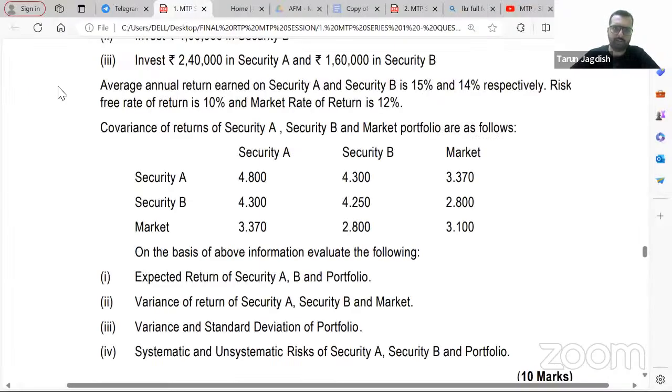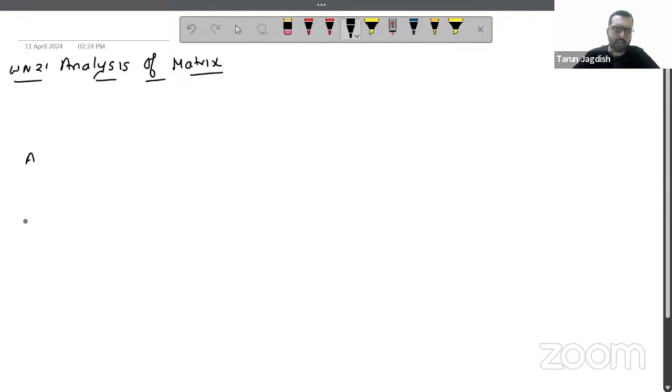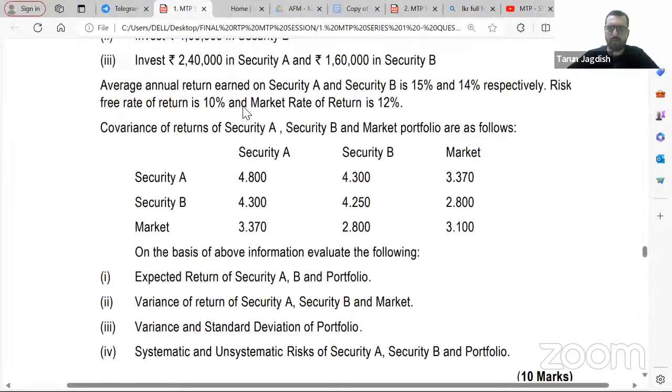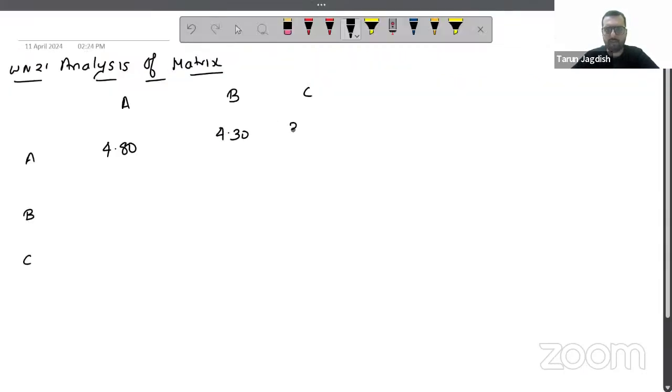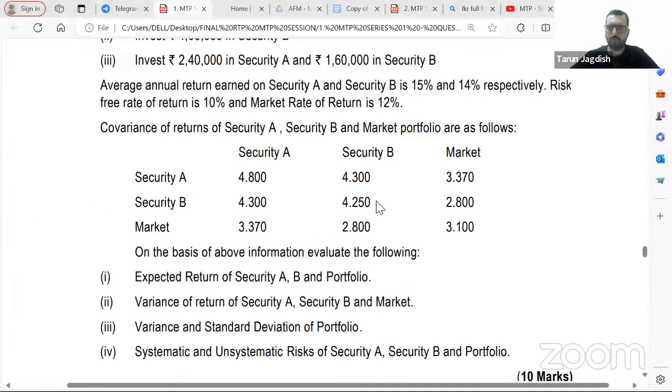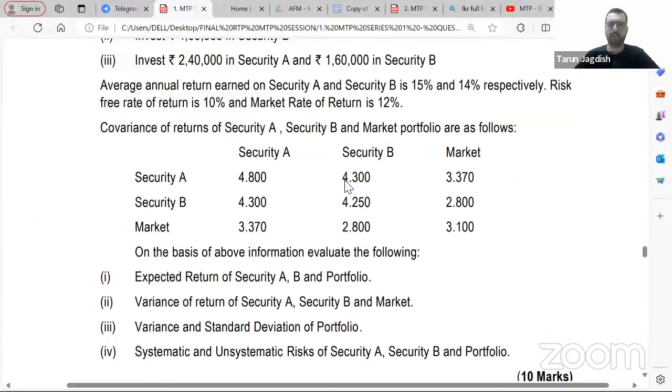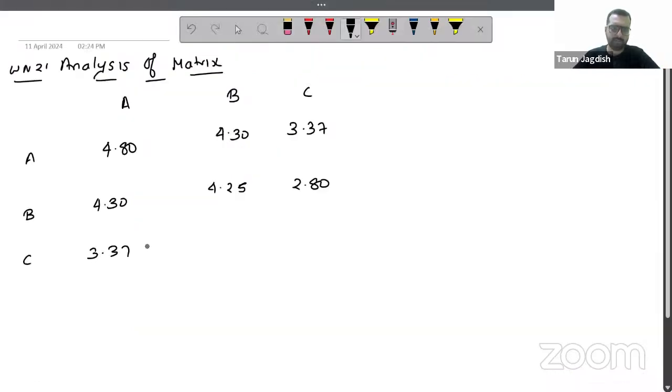Analysis of matrix. So you have security A, B, C, A, B, and then you have C. I will put 4.8, 4.3, 3.37. Again, you have 4.3 over here, 4.25. What is the next one? 2.80, 3.37.